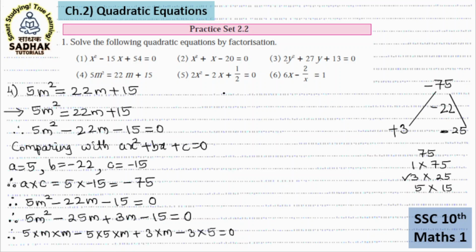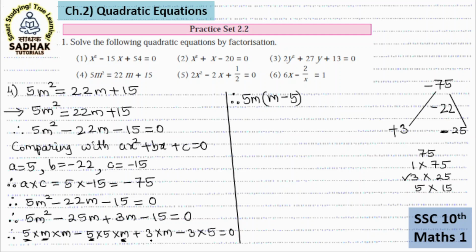Okay, fine. So here you can see that in the first two factors 5 is common and m is common. So we will take that 5m outside the bracket, and inside the bracket we will write whatever is not common. So m minus 5 is remaining.